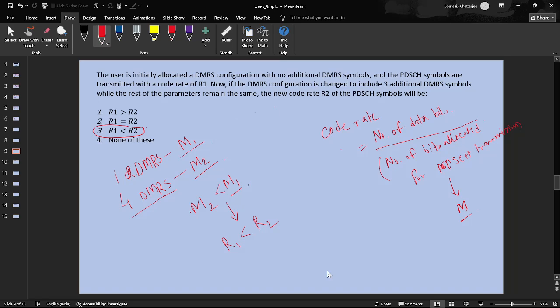So for that particular slot, the previous channel estimate based on symbol 2 holds till the end of the slot. In that scenario, including three additional DMRS symbols is kind of a waste of resources. But since the scheduler made the decision earlier, that is the scenario I can think of here.